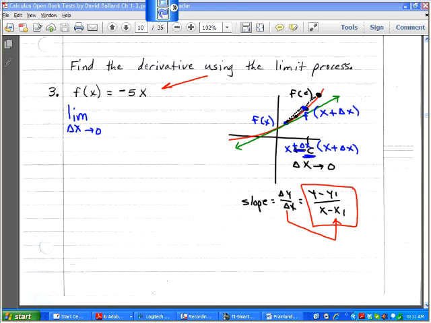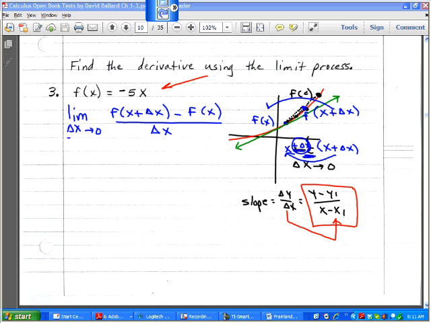So if I take the difference in the y's, f of x plus delta x minus f of x, over the difference in the x's, which we really could just write as change in x, then we have the difference quotient.